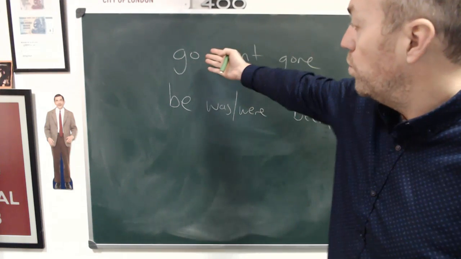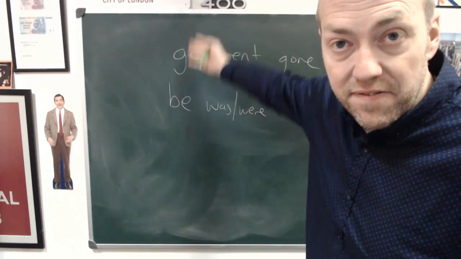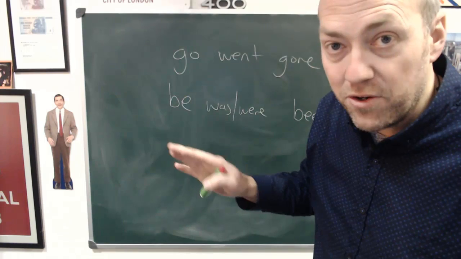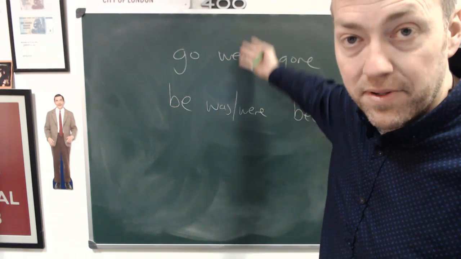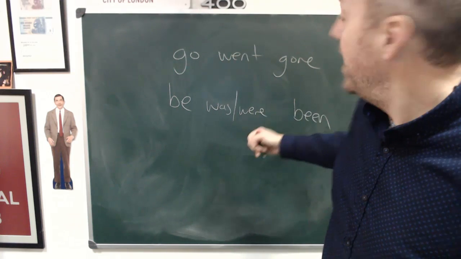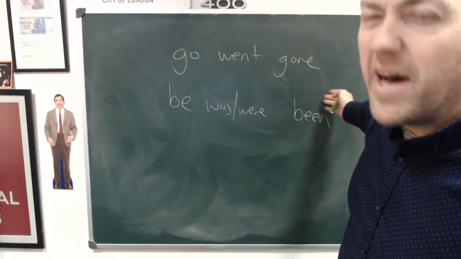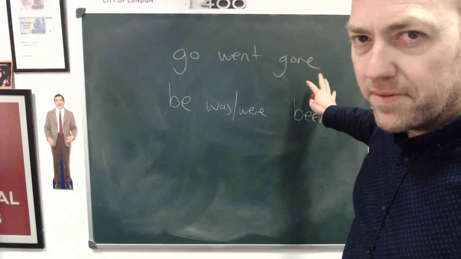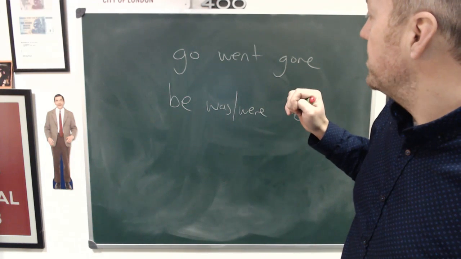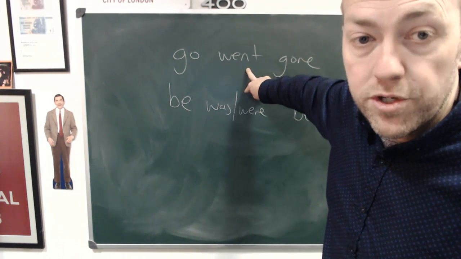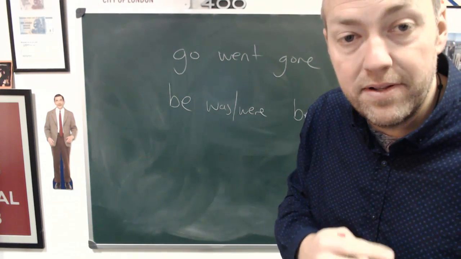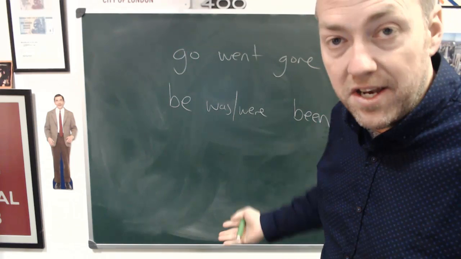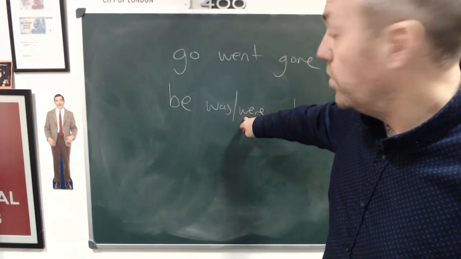Okay. We have the infinitive, so with no conjugation. Then we have the past simple, okay? And then we have the participle. So we would use these forms with the past simple. I went to the cinema, and was and were.